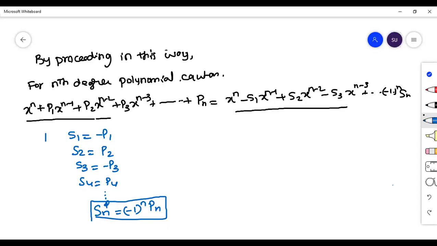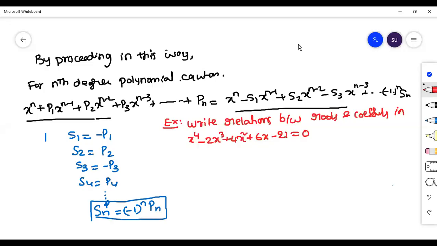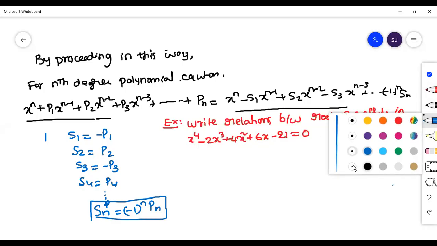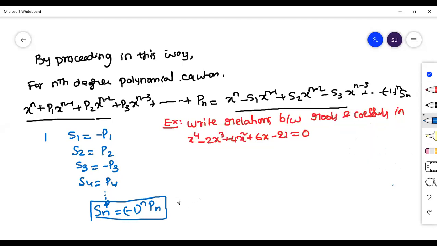Let us see one example. Write relations between roots and coefficients in the equation x power 4 minus 2x cube plus 4x square plus 6x minus 21 is equal to 0.